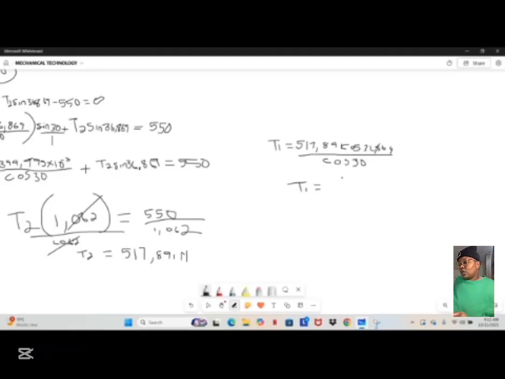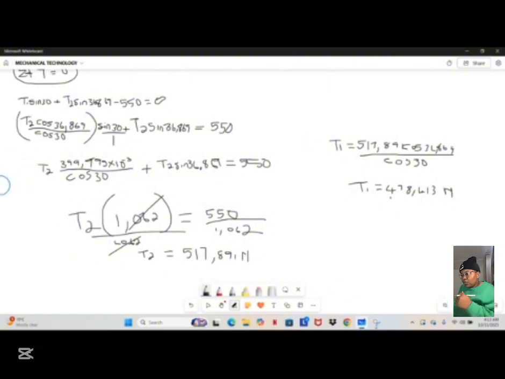It did take long because we applied all the steps which were required to solve here. Number one, we drew the free body diagram. Number two, we chose the convenient coordinates, the x-axis and the y-axis.